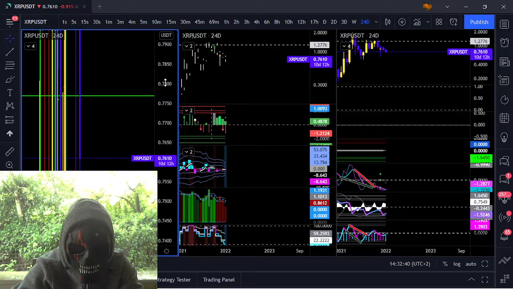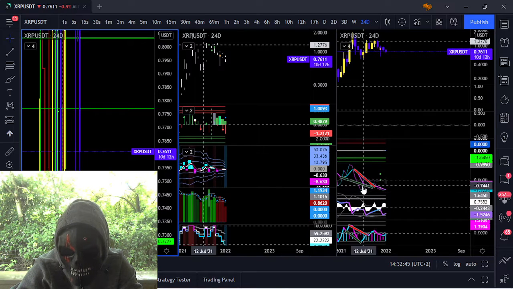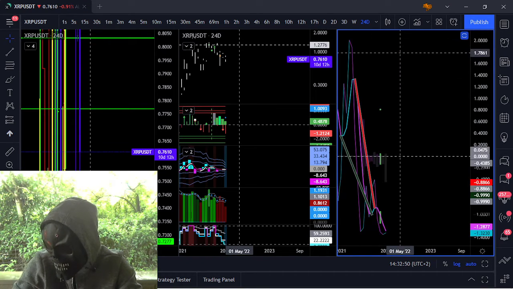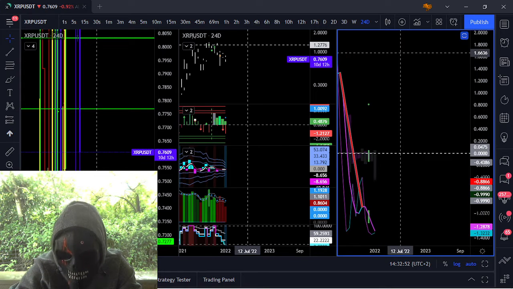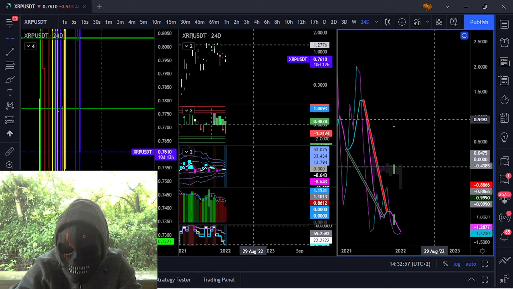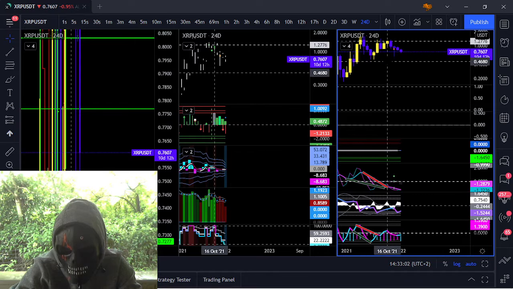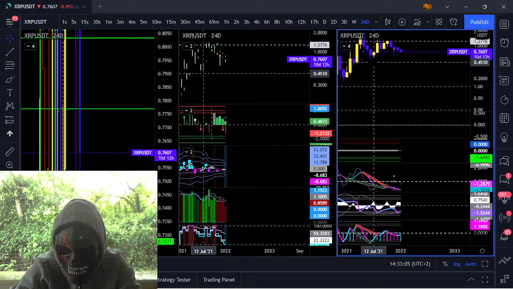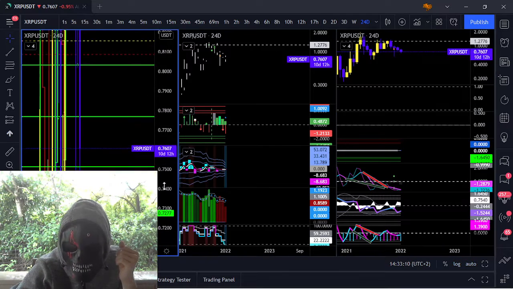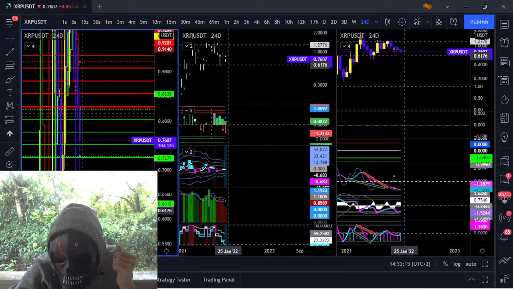Then we can be looking for a little bit of hidden... Would that be hidden bull? Yeah, might have some bull div out here. Yeah, if we don't break through here, where do we break a 24-hour?